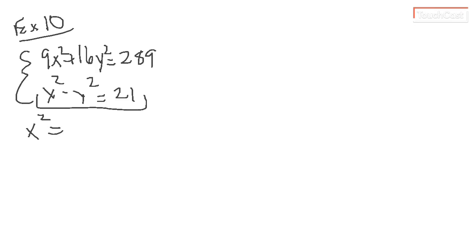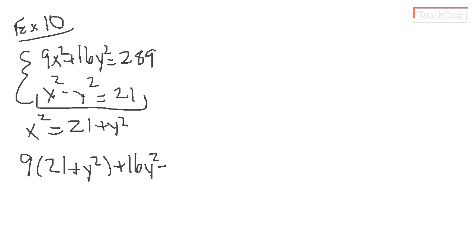So x squared will be 21 plus y squared, and now we can just plug that into that first equation. So we're going to have 9 times 21 plus y squared plus 16y squared equals 289.